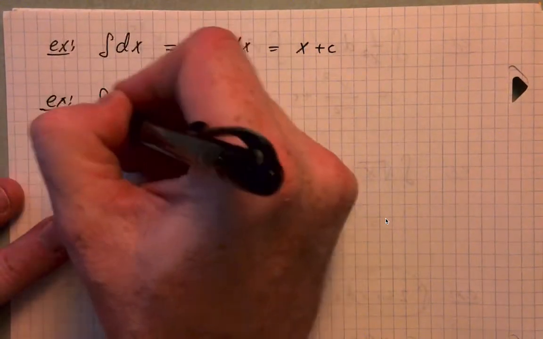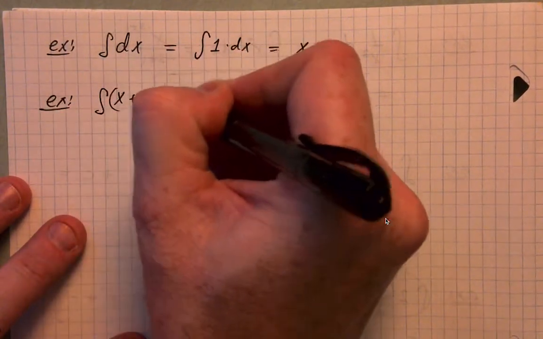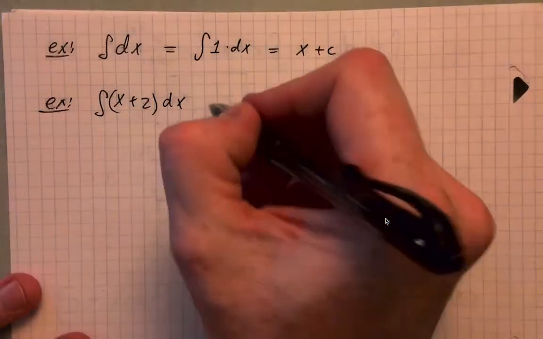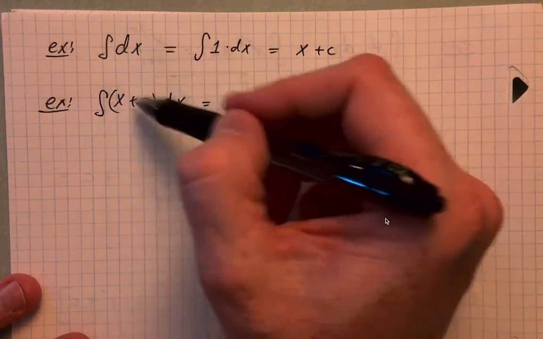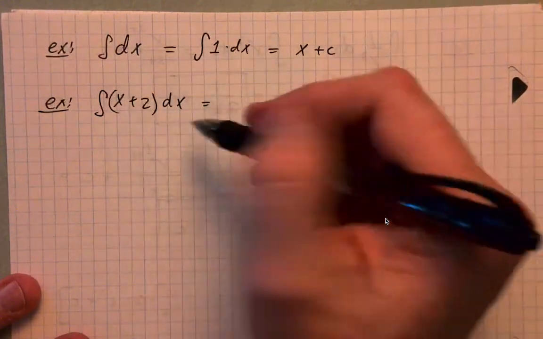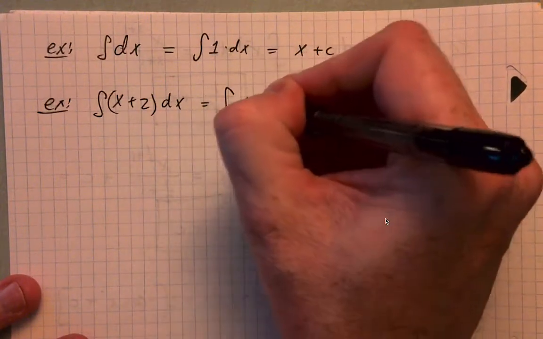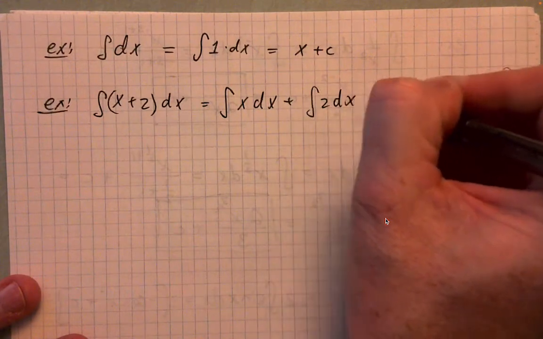What about the integral of x plus 2 dx? This one is going to use the fact that you can break these things up, the sum of two functions, x and 2. So this is the same as the integral of x dx plus the integral of 2 dx.